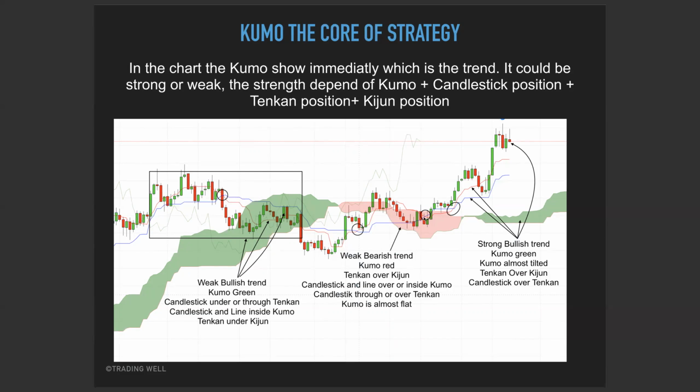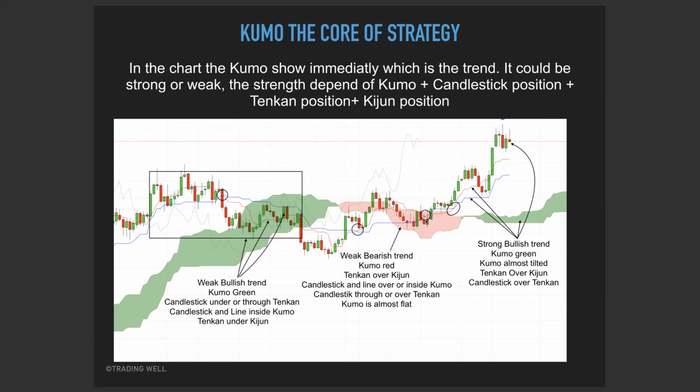And here we have a weak signal of a bearish trend, because yes, there's a cross between Tenkan and Kijun, but the candlestick is above the lines.